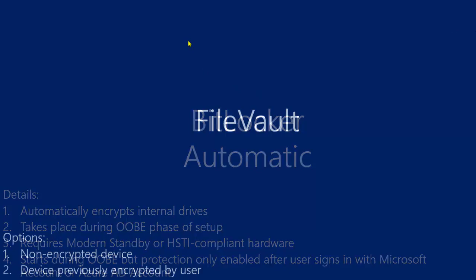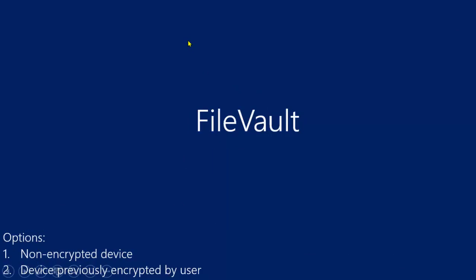So we now want to take a look at the options for macOS, and that would be through FileVault. And so the options for FileVault apply in two scenarios. One, you can start with a device that has not been encrypted, and you can encrypt it, right? Or you can start with a device that the user has previously encrypted, and Intune can then take over the management of that encryption on behalf of the user.